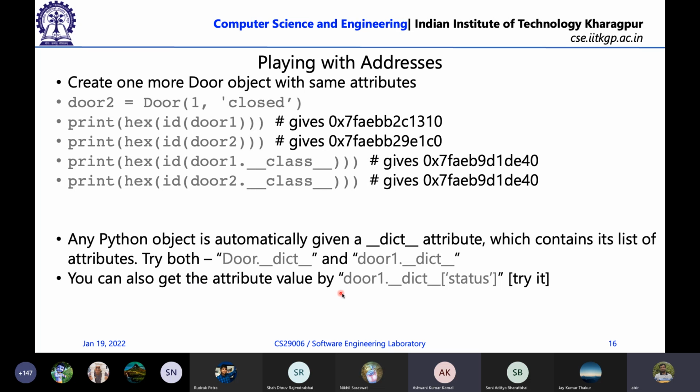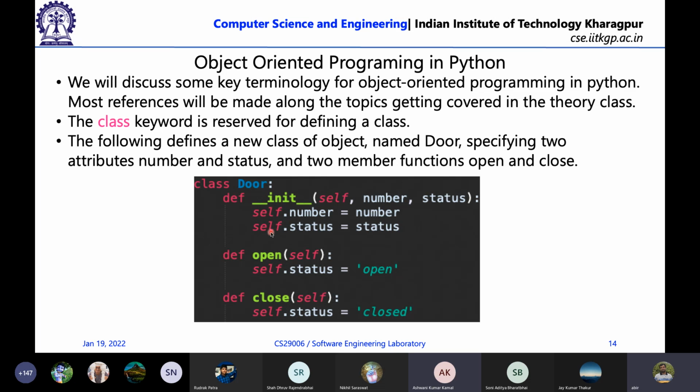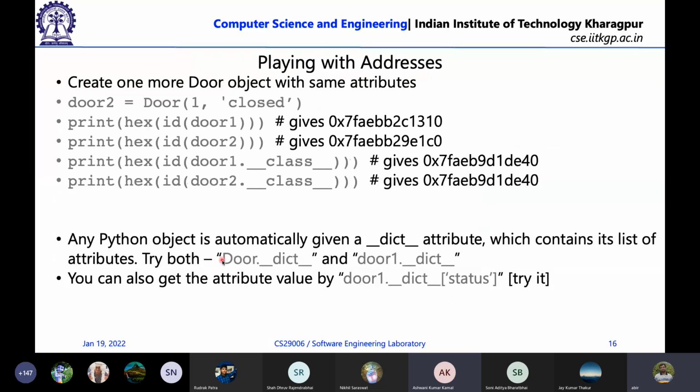So try to print this. All these codes are given, at least this class definition is given. So when you are using this class, just try to see what it gives if you print this. You can also get the attribute value. So it's a dictionary. I don't know whether you are familiar with dictionary. A dictionary is a special type of container, right?